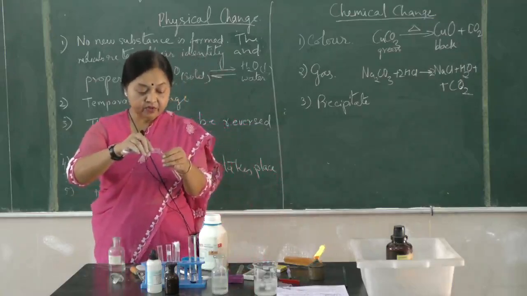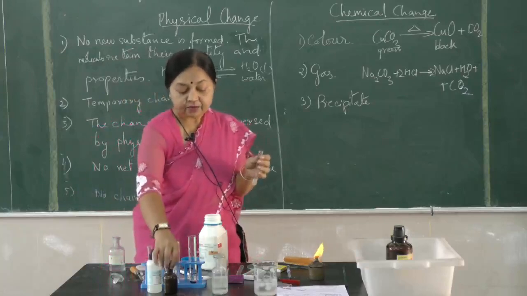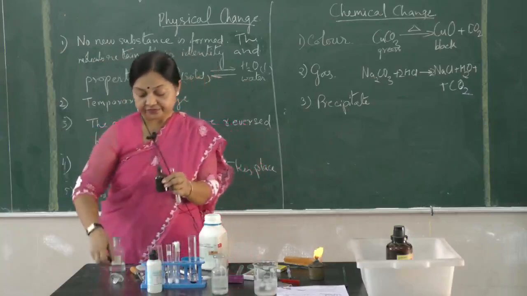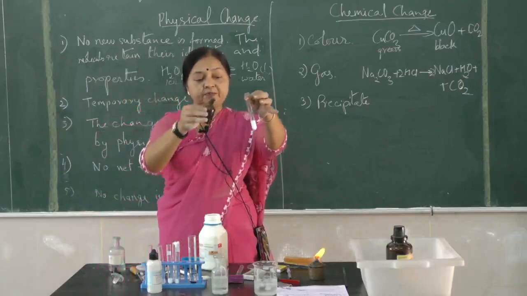To the clear solution of sodium chloride, if I add silver nitrate, you get a thick white precipitate.